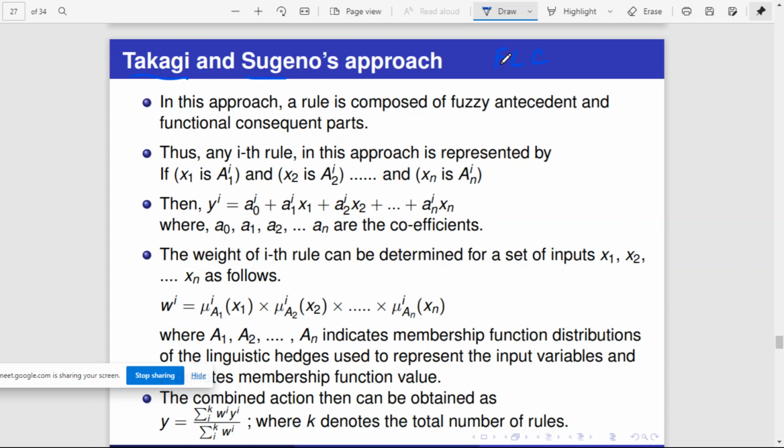Here also, as usual, we use rule-based reasoning. A rule will have an antecedent and a consequent part, that is, if this happens then that will happen.